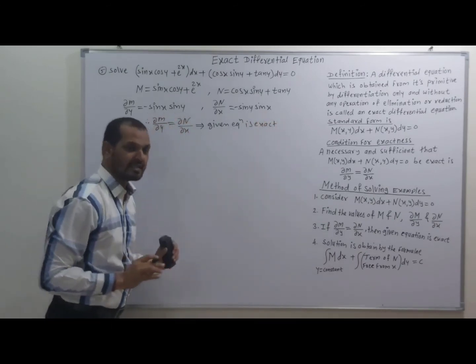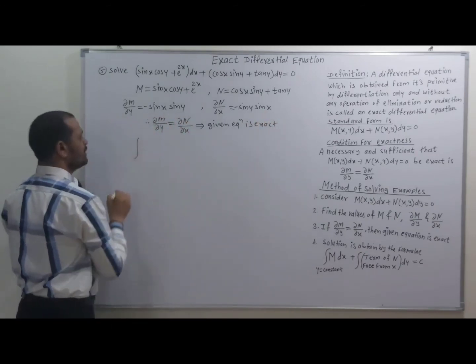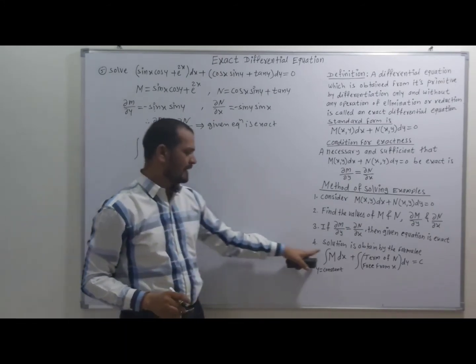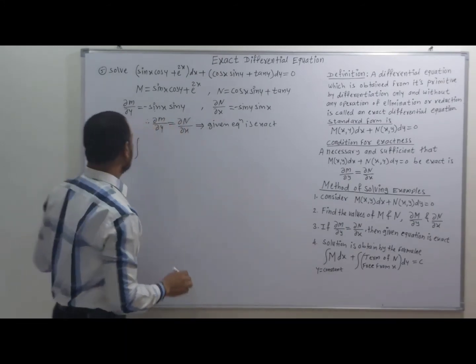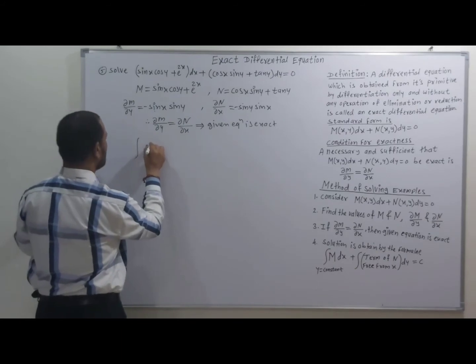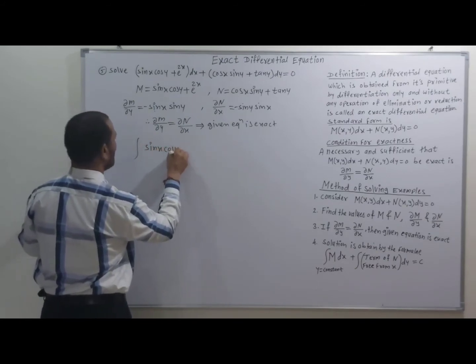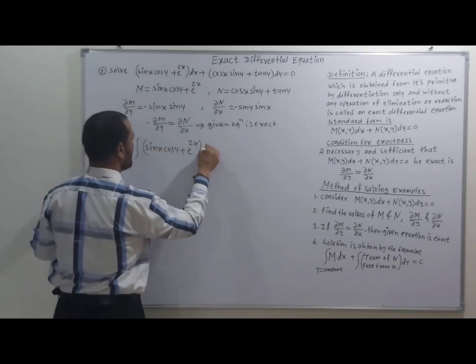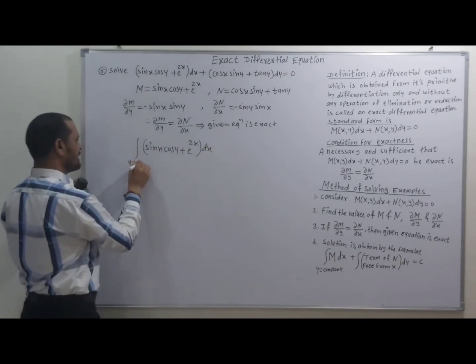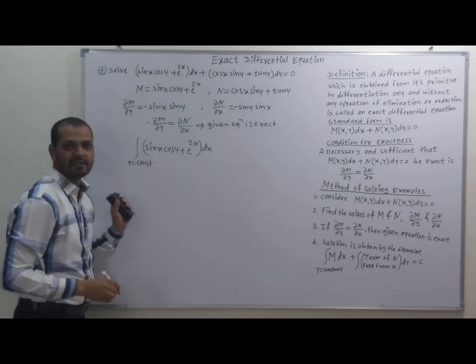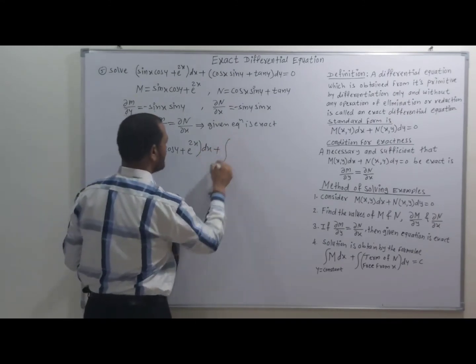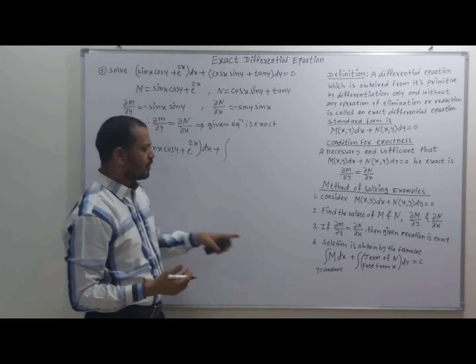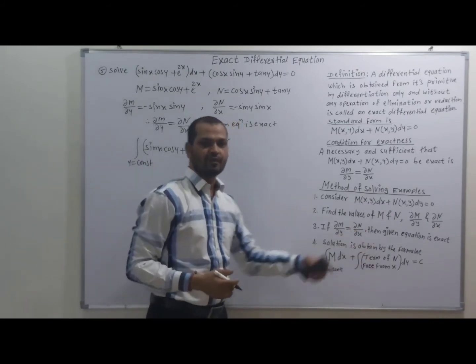As this equation is exact, we can write the solution of this equation with the help of this standard formula: integral of m dx. The value of m is sin x cos y plus e raised to 2x, into dx. In the first integration, the term y is constant, plus the integration of only those terms in n which are free from x.